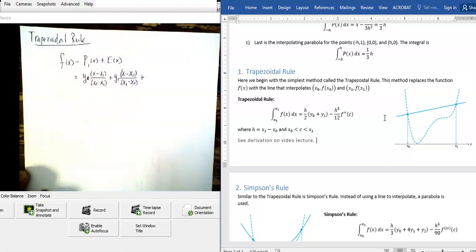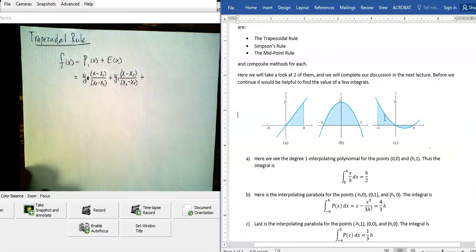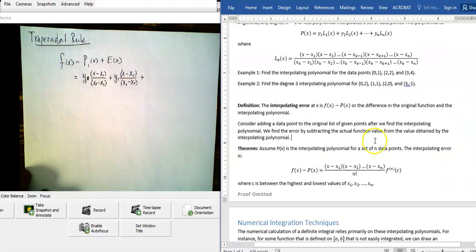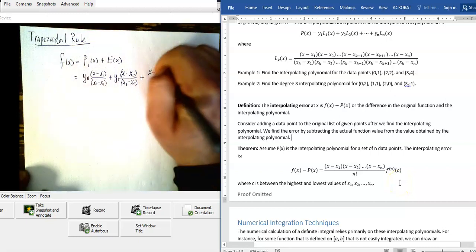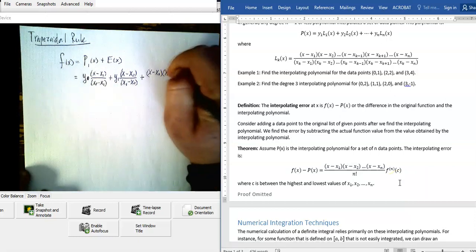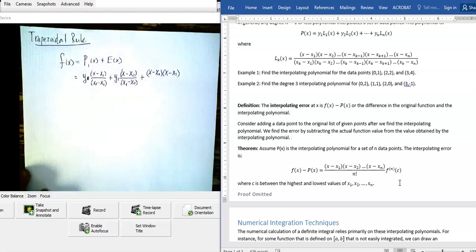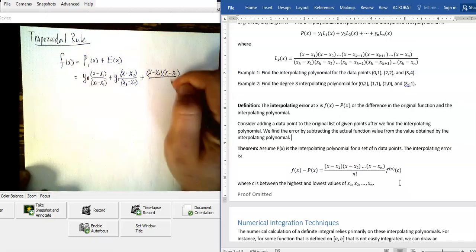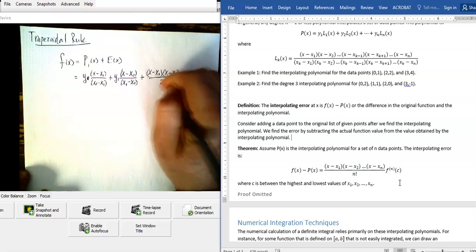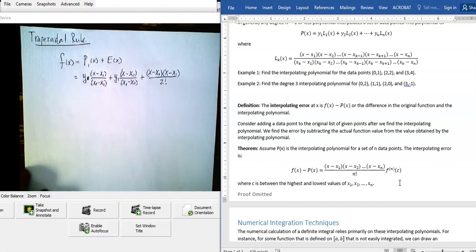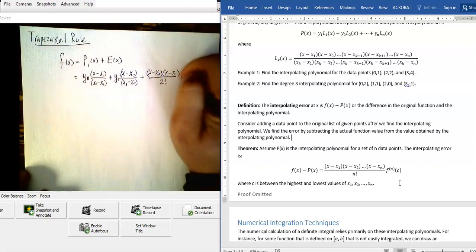Recall previously the error term for a polynomial interpolating function is given by this here, right? So here we would have (x minus x0)(x minus x1) over n factorial, where n is the number of points that we have. That would be 2 factorial, times f double prime at c.